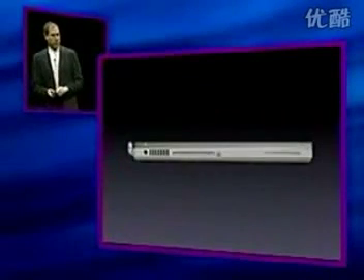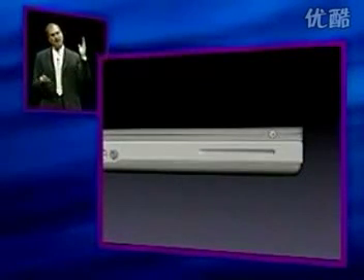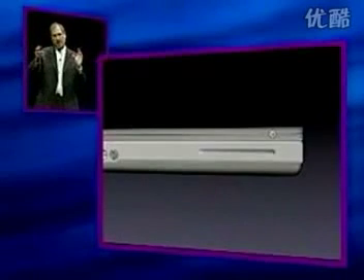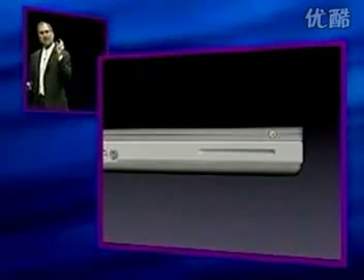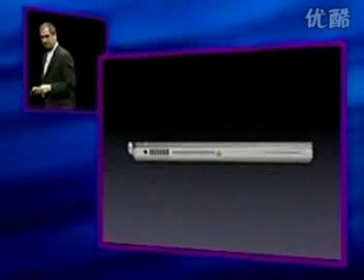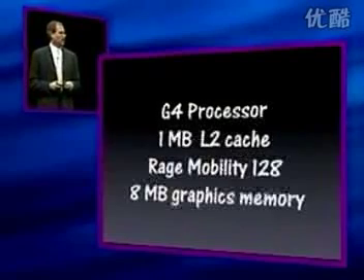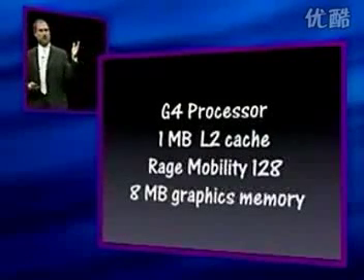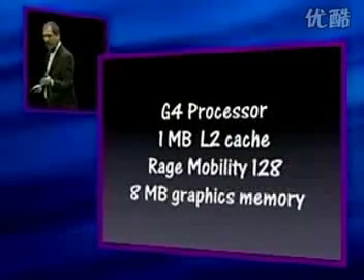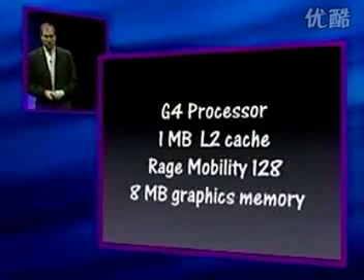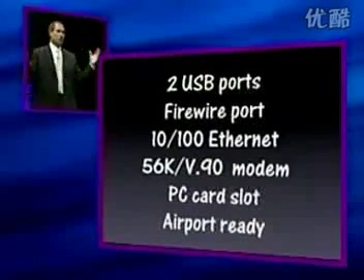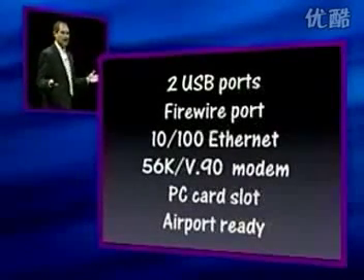So this is the new PowerBook G4. As well, we have AirPort antennas built right into the sides. So all you have to do is add the AirMac card for wireless networking. The new PowerBook G4. We have 2 models of it. They both have G4 processors, large caches, Rage Mobility 128 graphics chips, and a full complement of I/O.